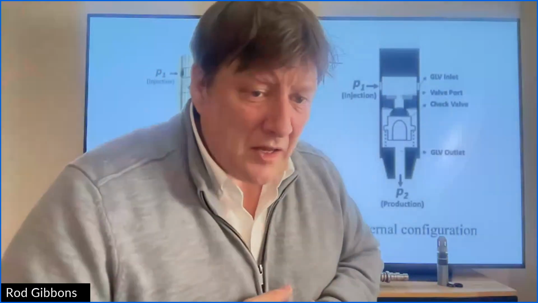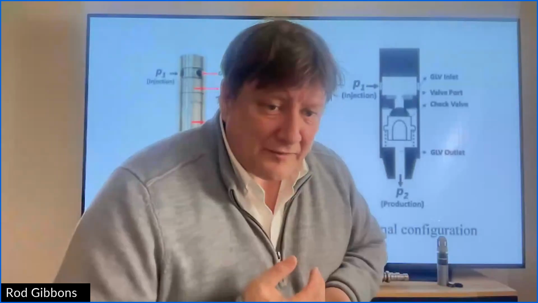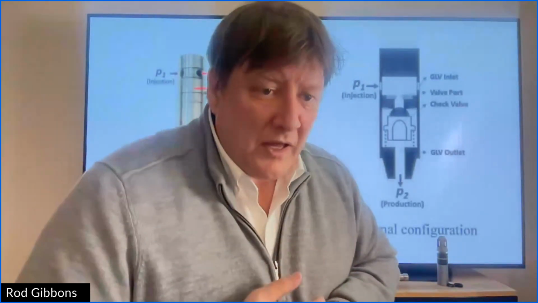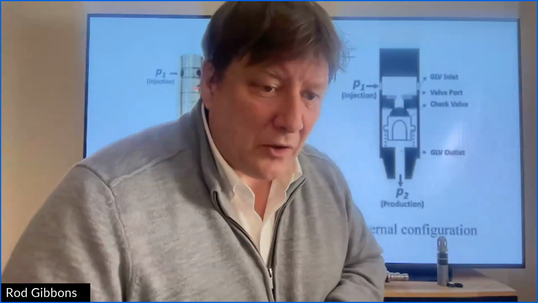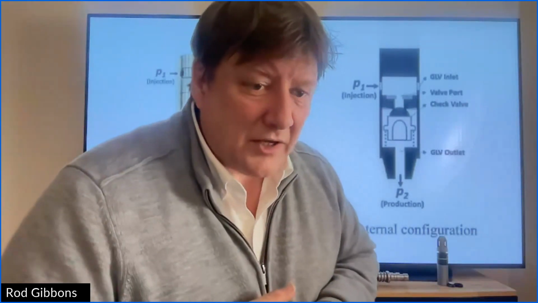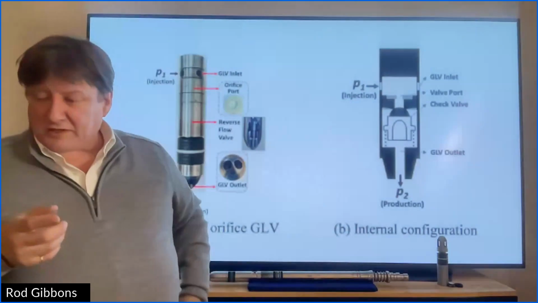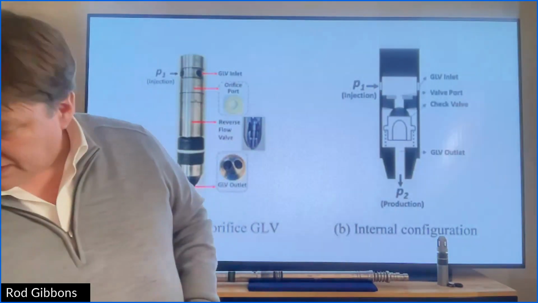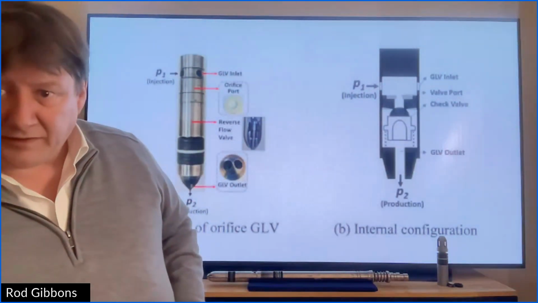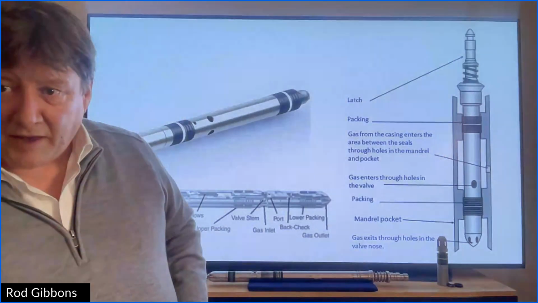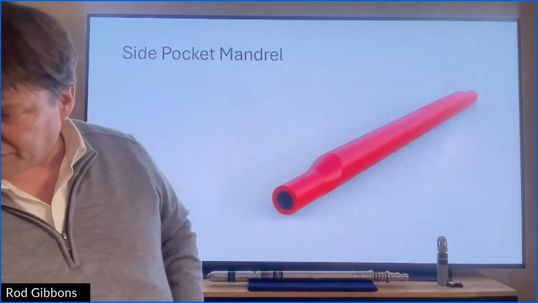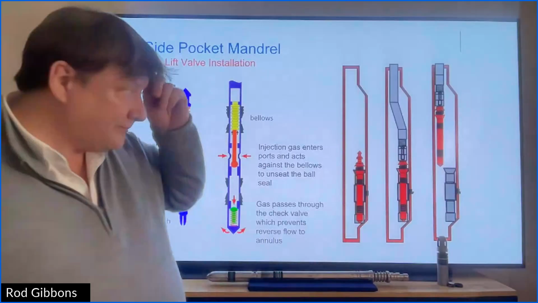Another question: before installing the gas lift valve into the side pocket mandrel, how do we ensure the hole in the side pocket mandrel does not communicate? So before we install the gas lift valve in the mandrel, I'll just go back up to our mandrel picture here.